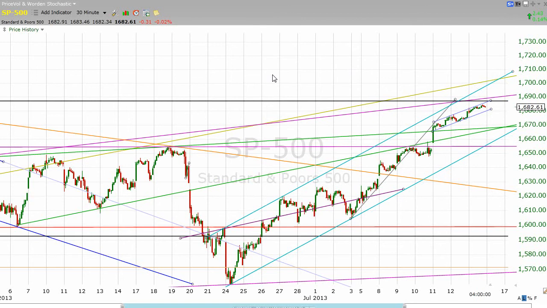Also in the weekend video, I mentioned that even though the S&P has been closing for the past 2 sessions at all-time highs, we have yet to trade up to this black line up here, which is the intraday all-time high at approximately 1687. And today we inched a little closer to that.